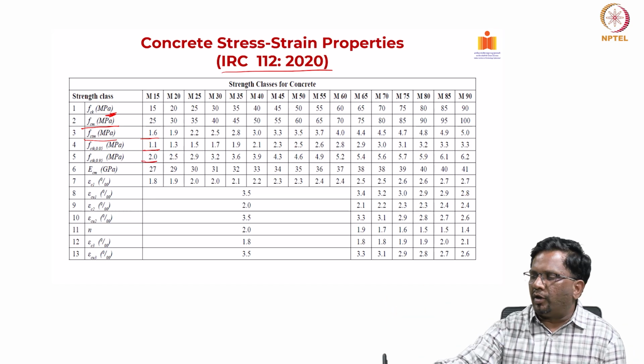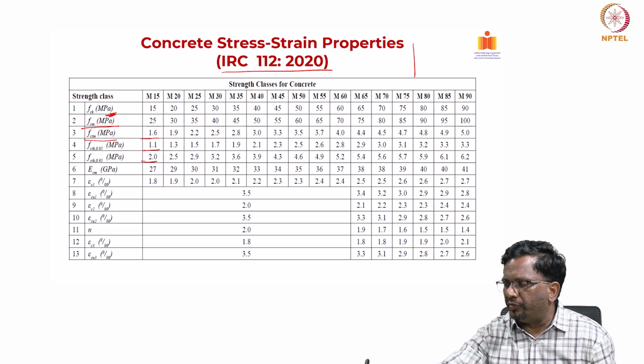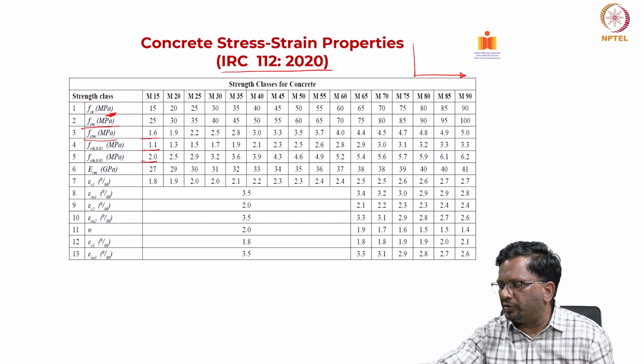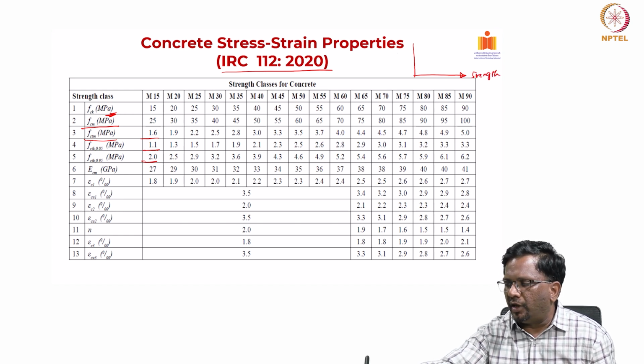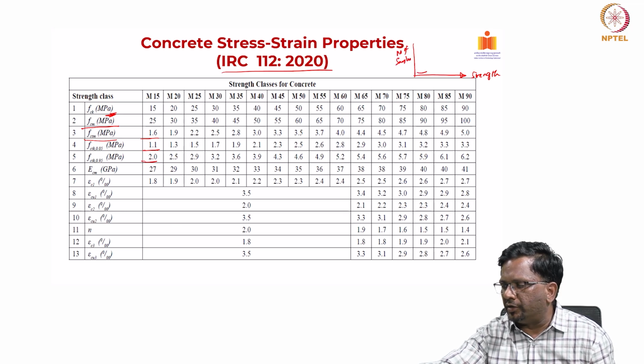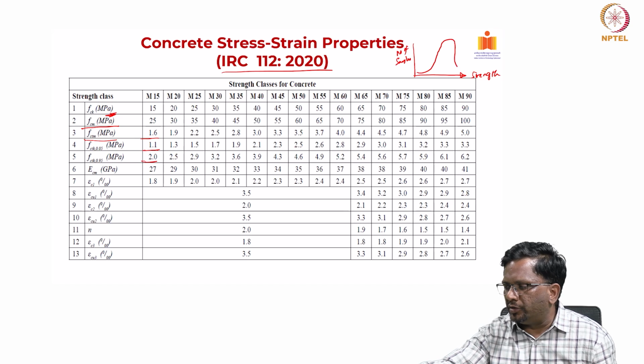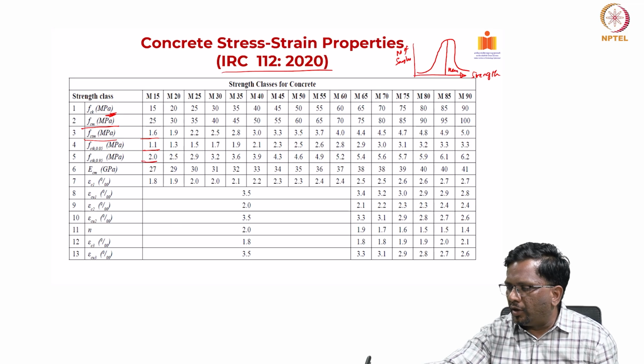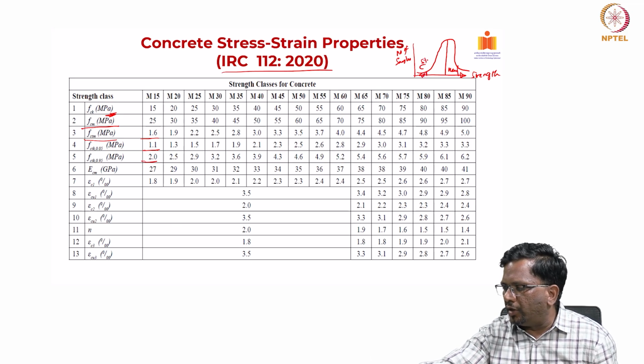From your normal distributions, you know that if you put the values of strength on the x-axis, and here the number of samples, you typically get this normal distribution, and this is what we take as the mean, this is your 5% sample, and this is your 95% value.